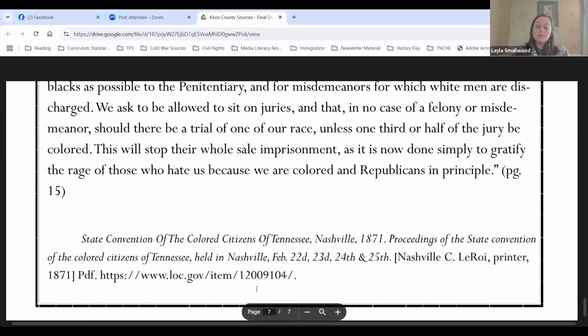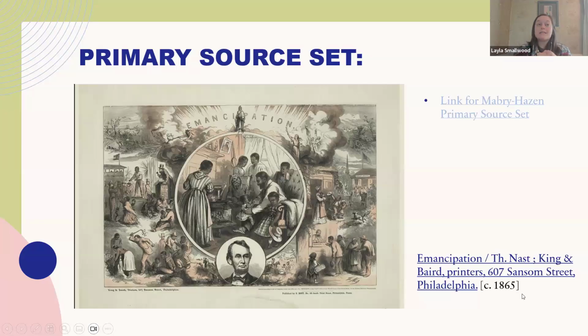So a lot of resources that you could use here to build on that further investigation piece and narrow down your topic in a way to focus on one specific person, one specific region, one specific story. So just a way that you can dig deeper while also telling a really rich history.